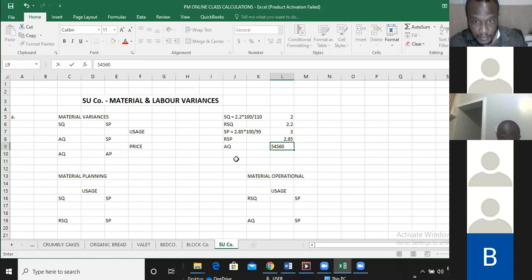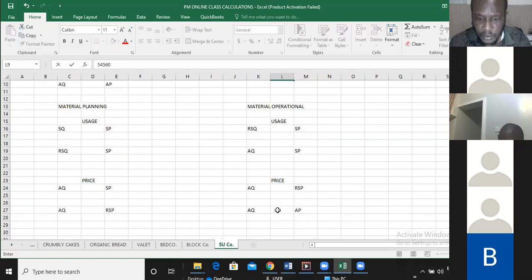Actual material price. Did we have actual price? That's all for material. I didn't see actual price. Okay, no, we don't need actual price for material, we needed everything. Now, we had price variance, so we need the revised standard price. We don't need actual price.